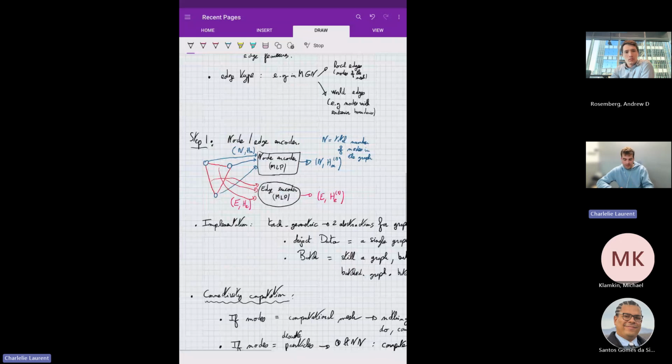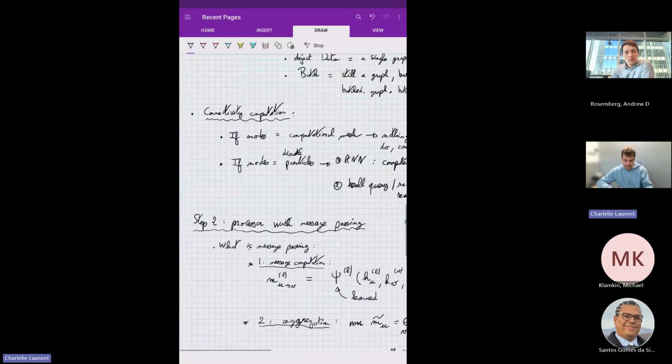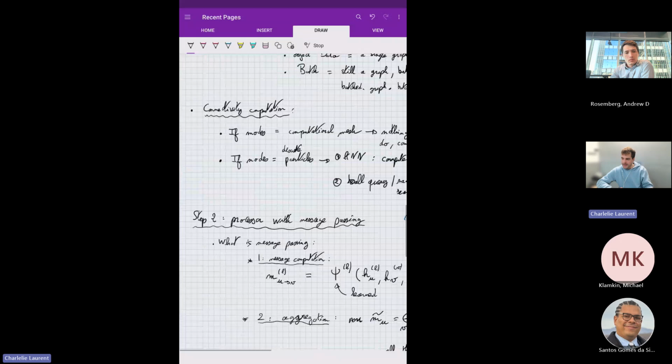All those processor steps, all this message passing, are applied on each edge and each node independently of each other. So let's say you have a data set with 10 simulations, each with 1,000 nodes.